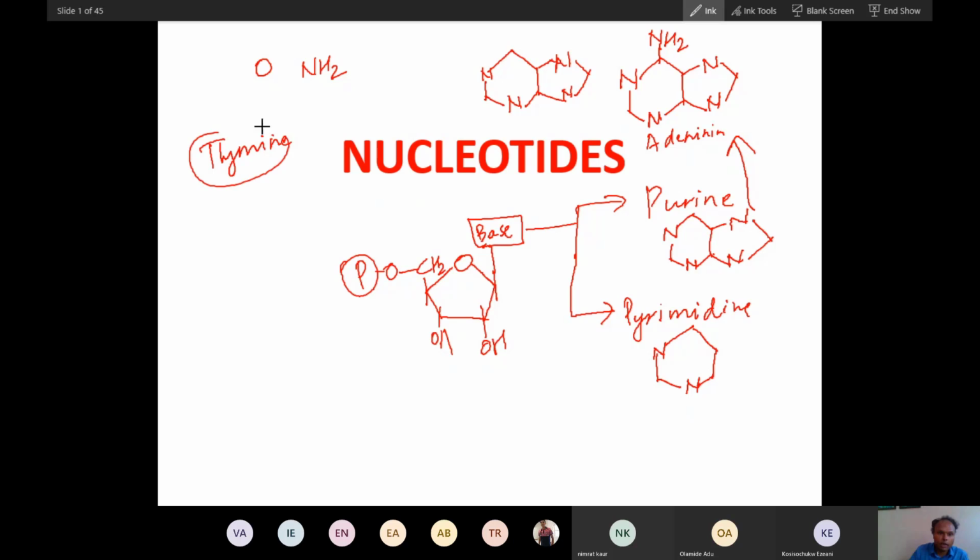Otherwise, all purines or pyrimidines will have either this group or both groups. This guanine has got both groups. A nitrogen is in between these two nitrogens. So NH2 here, and at the top there is an O group. So this is guanine.